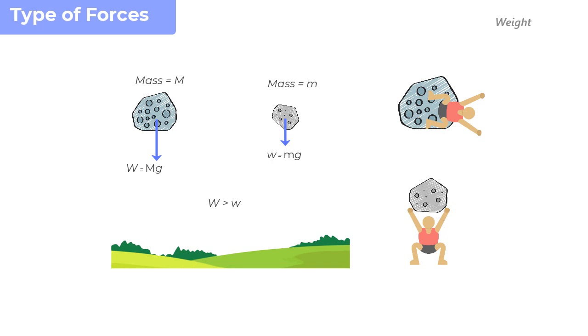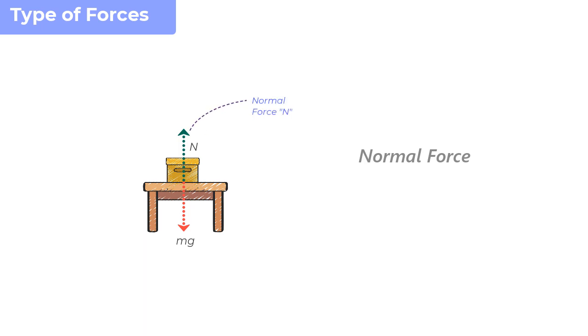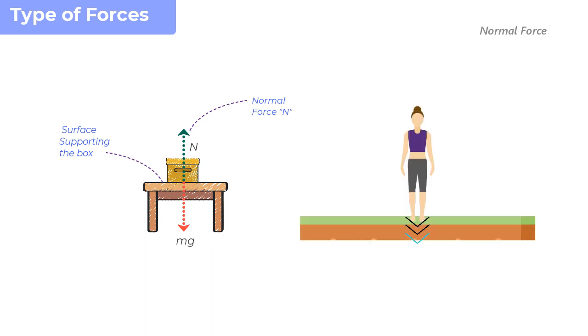So the next force we will study is called the normal force, and it is a force exerted by the surface that supports an object, and it always acts perpendicular to the surface. So when you're standing on the ground, while you might believe that you are pushing the ground in downward direction, which is true, the ground is also pushing you up and that is what we call the normal force.